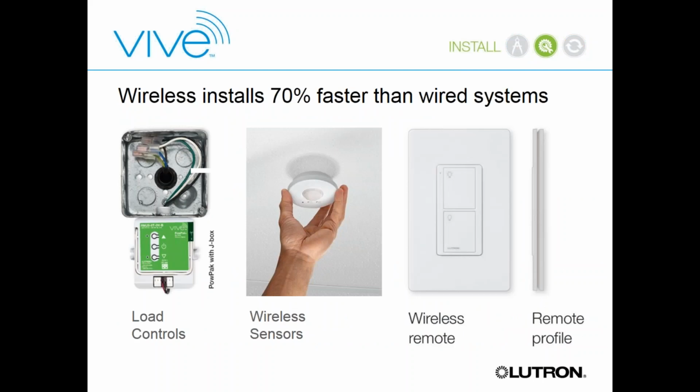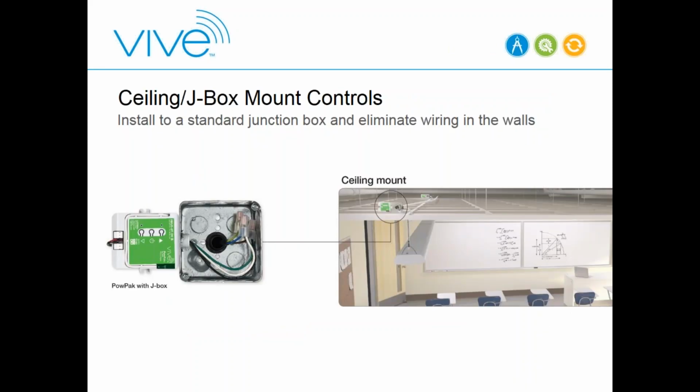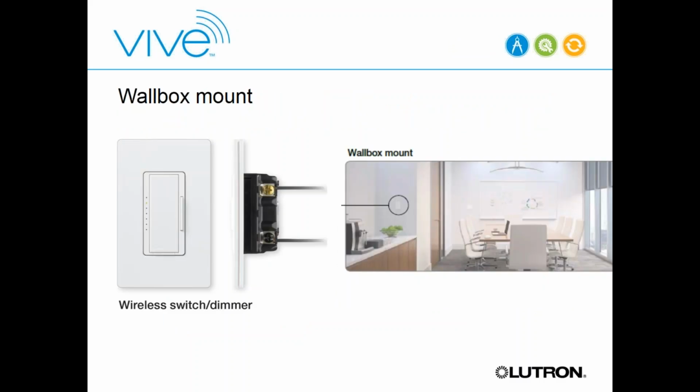So the three components that you kind of break down are those load controllers, wireless sensors, and wireless remotes. And the load controllers come in a couple different categories. The easy way to think about this is it's the control that turns on or off or dims up and down a group of lights, whether it's mounted in the ceiling or in the wall.